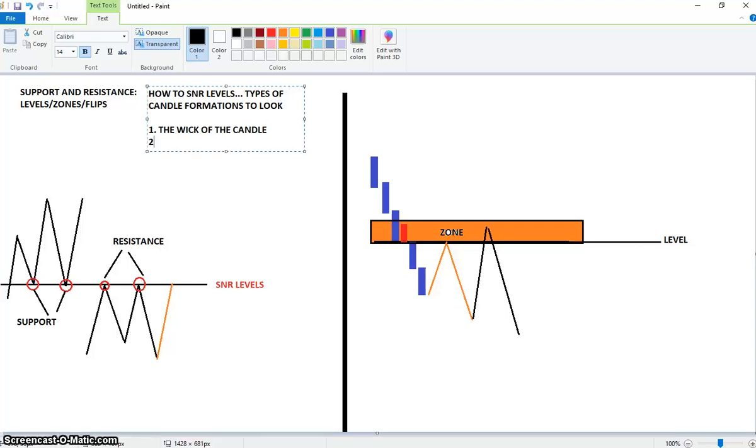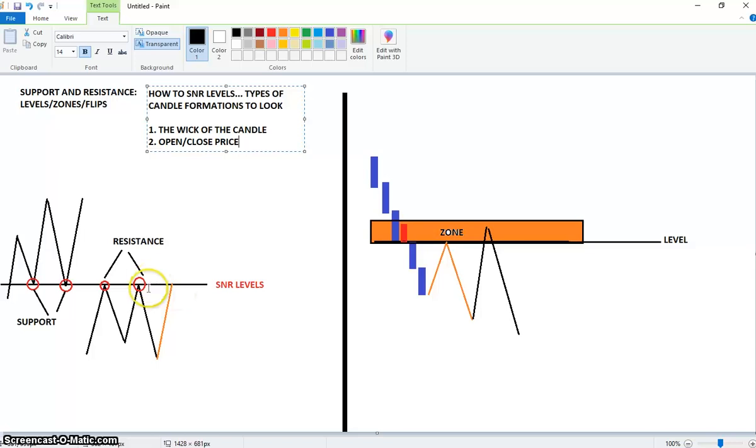You can look at open slash close price. The wick of the candle, you can look at open and close price.